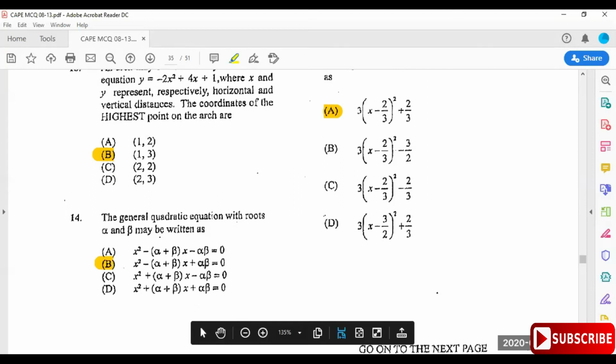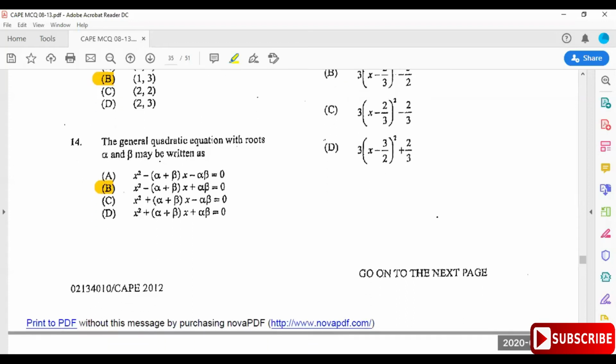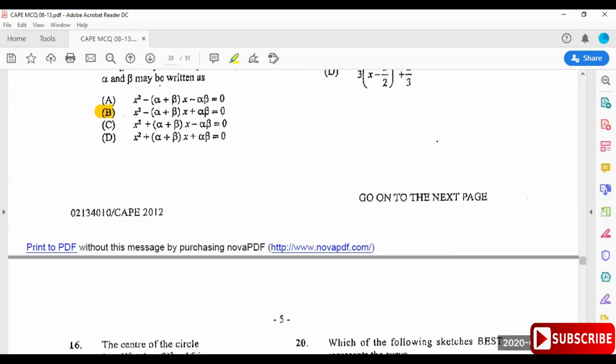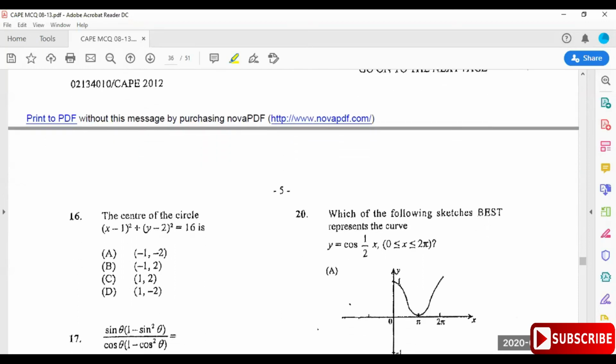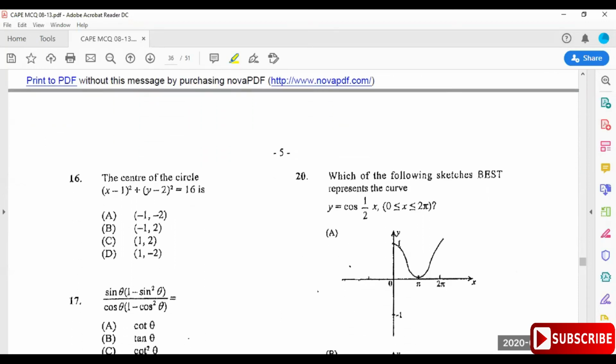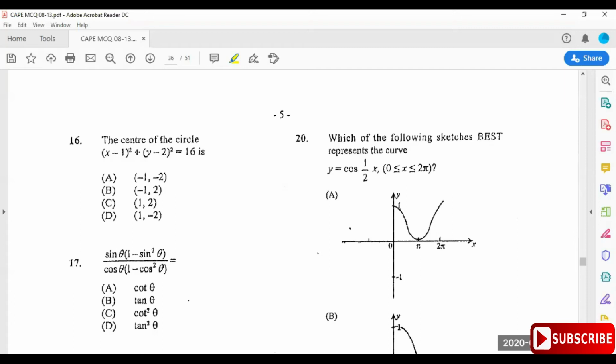So the first 15 questions are going to be module 1. And now we're on to module 2. Module 2 is going to have 5 questions from trigonometry, 5 questions from vectors and vectors mixed with Cartesian equations, stuff like that.